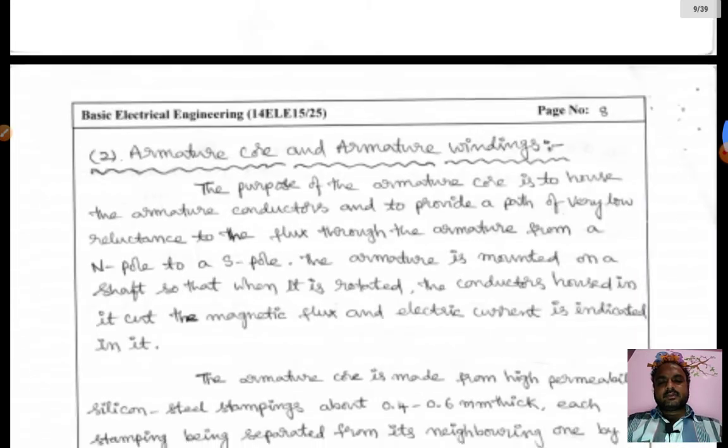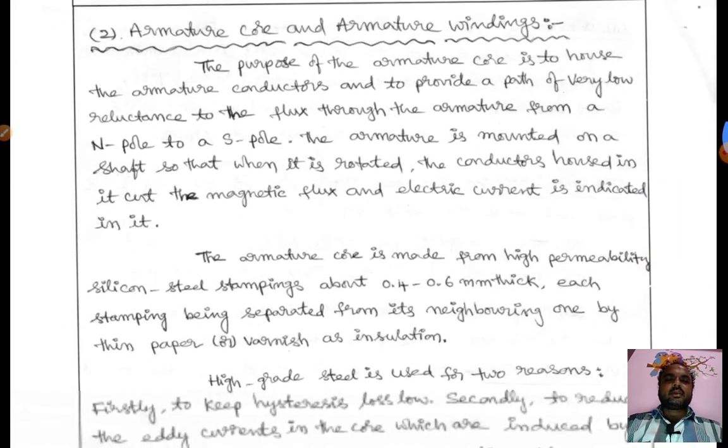So next one we will see the armature core and armature winding. The purpose of the armature core is to house the armature conductors and to provide a path of very low reluctance to the flux through the armature from a north pole to a south pole.